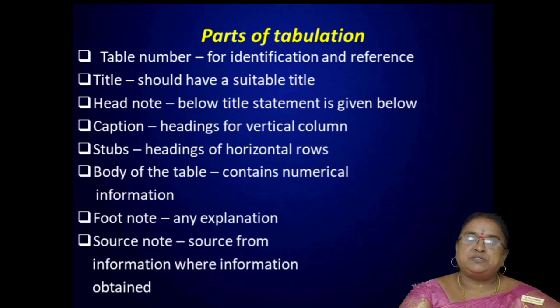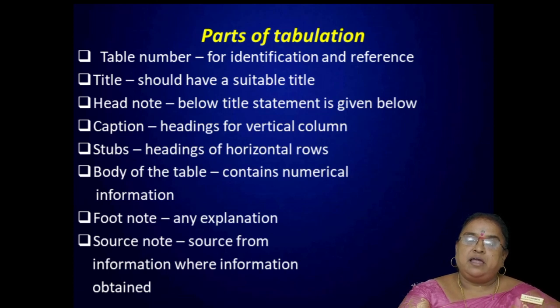Then caption. This is the heading of the vertical columns. Then stubs. Stubs are the headings of the horizontal rows. Then the main part of the table is the body of the table, which contains the numerical information.